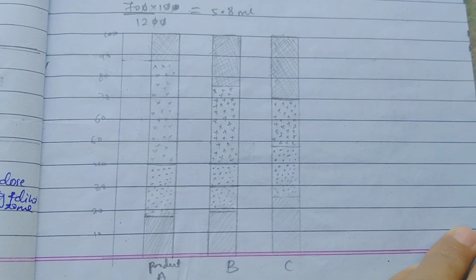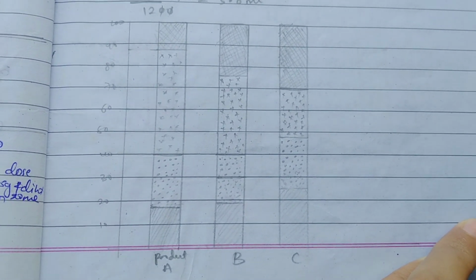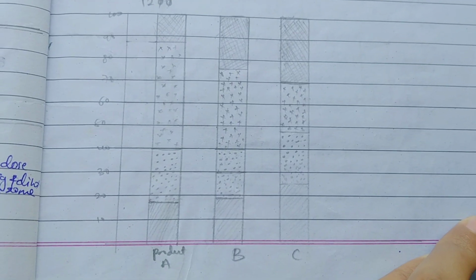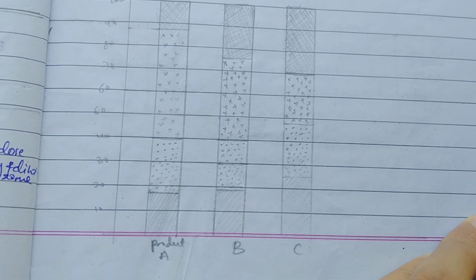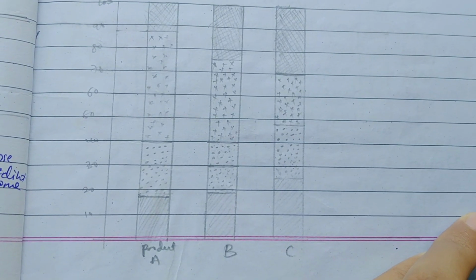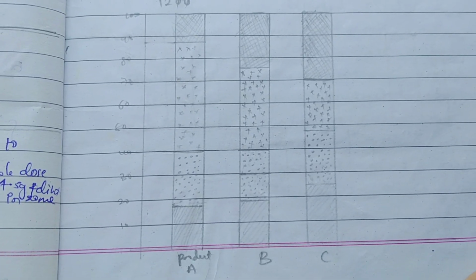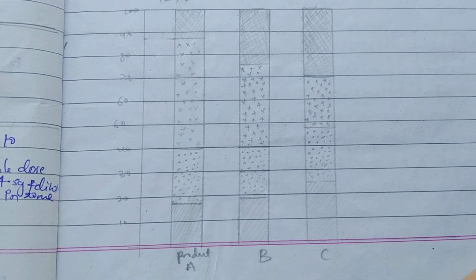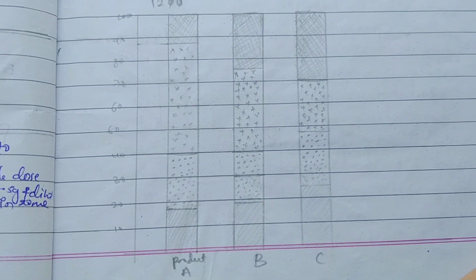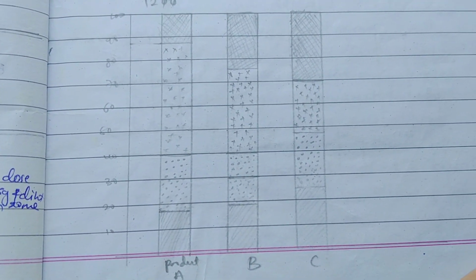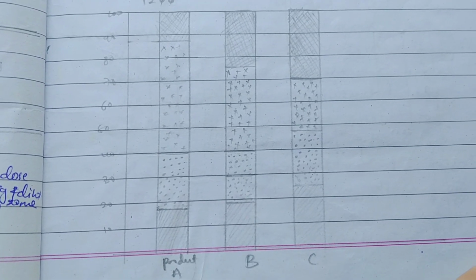We have made 100% of each, and their categories are divided by percentage. They are depicted clearly here: product A, product B, product C, and their different variables.